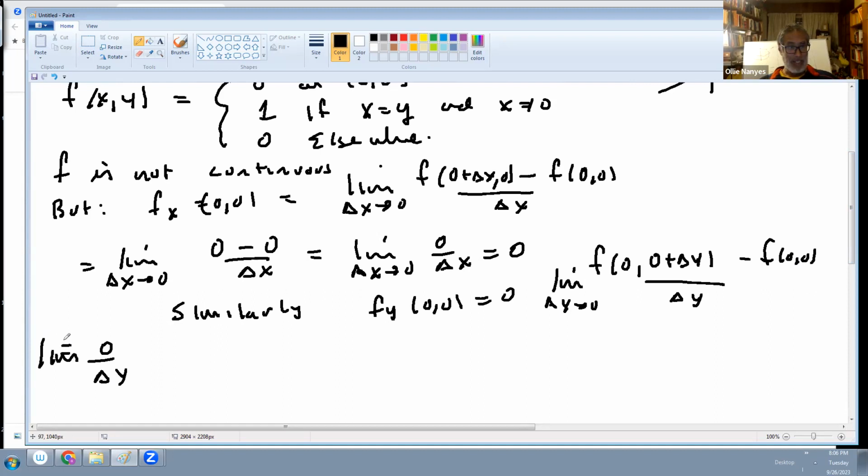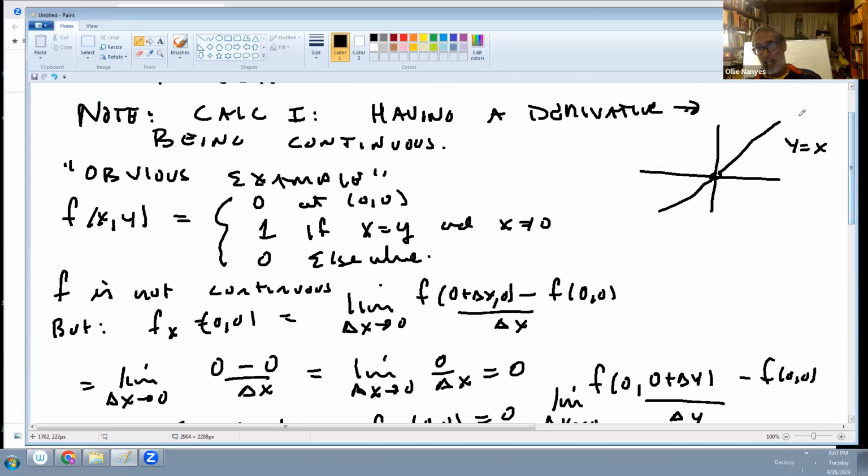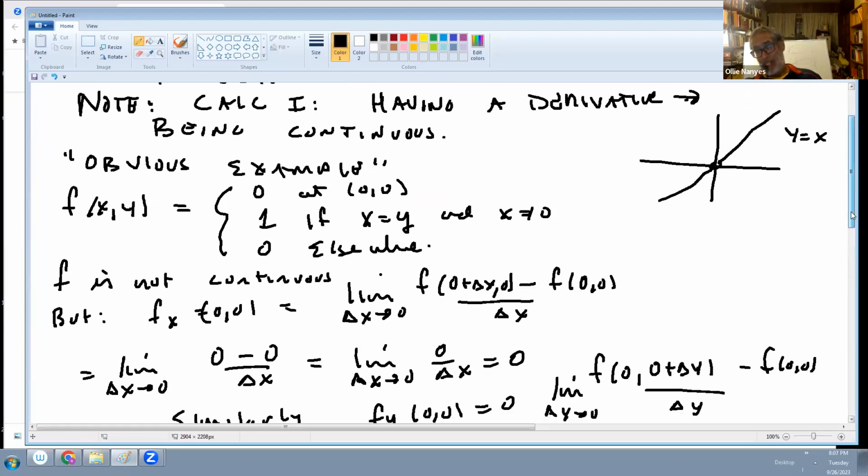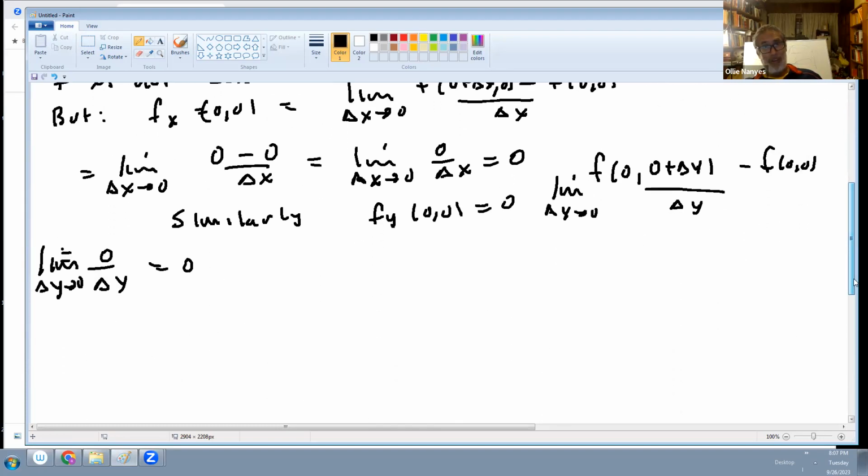And I better write that as a limit, and that limit is 0 as well. So both partials exist, even though the function has this line's worth of discontinuities, and the limit does not exist at the origin. Now that was a very, very silly example, but there are other examples like that.